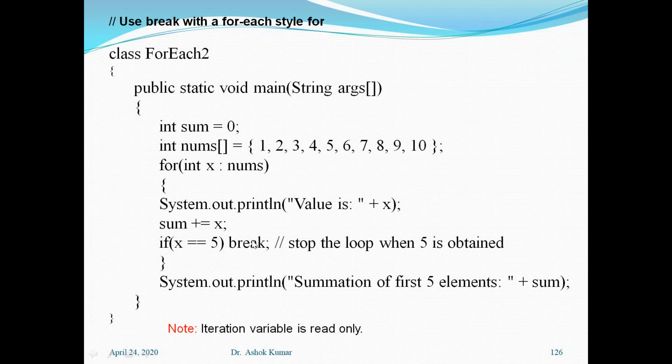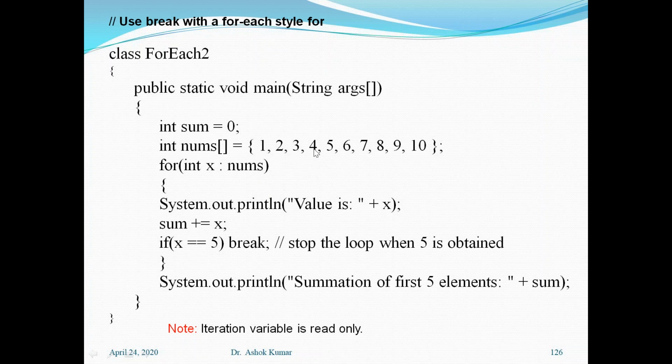As we discussed in the previous slide, x will take value 1 first, and then it will take value 2, then 3, and so on. The purpose of this break is to terminate the loop. So when x becomes equal to 5, this loop will break. That means this program will add just the first 5 elements of the array.